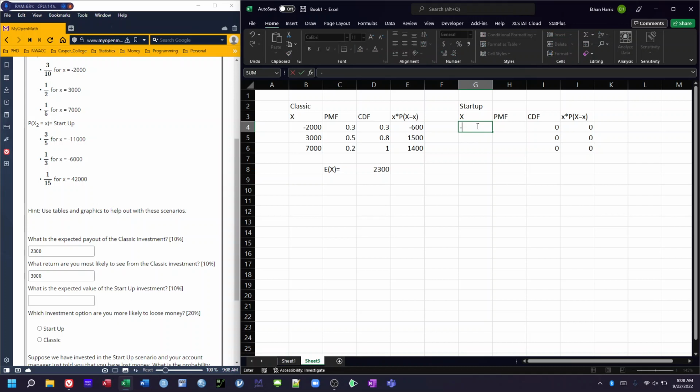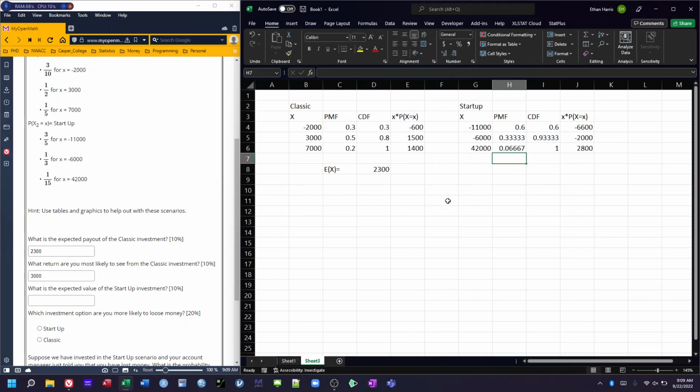So on the startup, I could possibly lose $11,000. I could possibly lose $6,000, but I could also walk away with $42,000. So for the startup here, 3 divided by 5 equals 3 divided by 5. Make sure you have that equal sign. And then I could put in equals 1 divided by 3, and then equals 1 divided by 15.